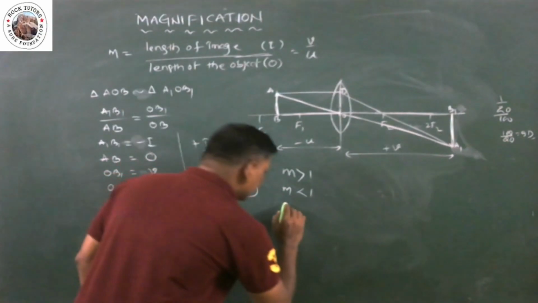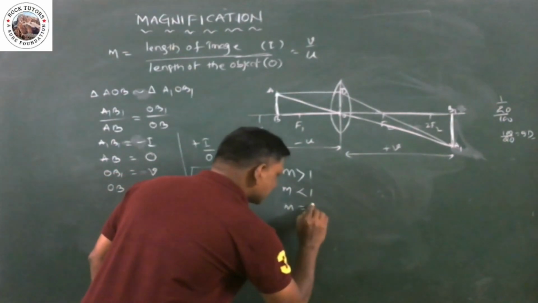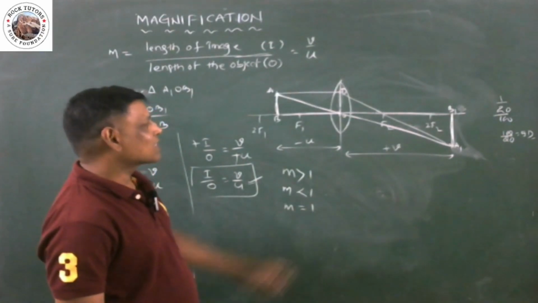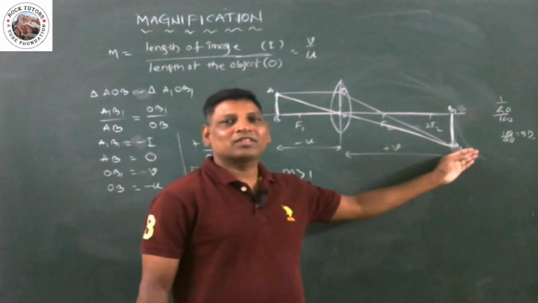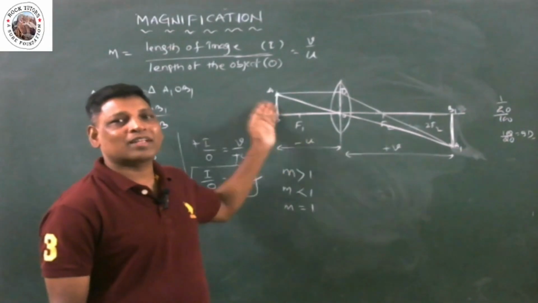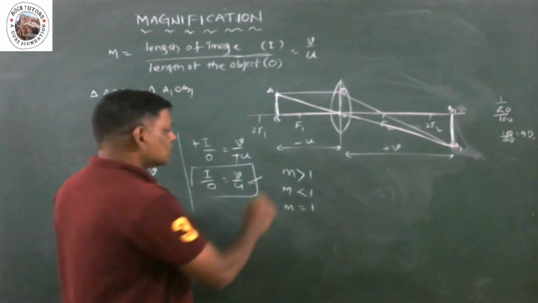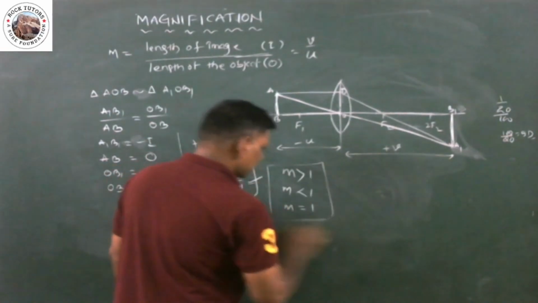If magnification is equal to 1, then the size of the image and the size of the object are the same. So this is about magnification.